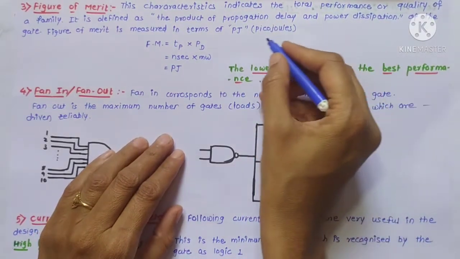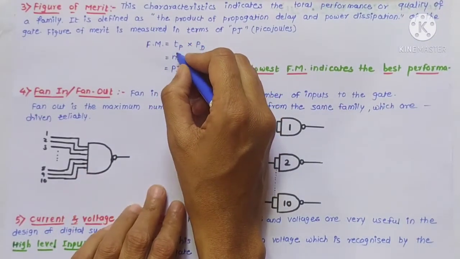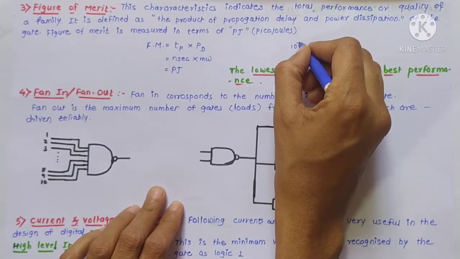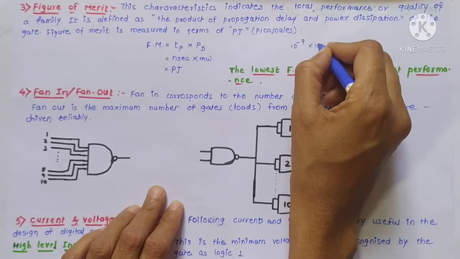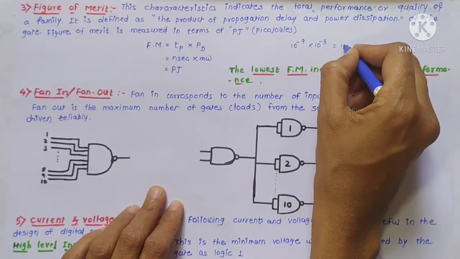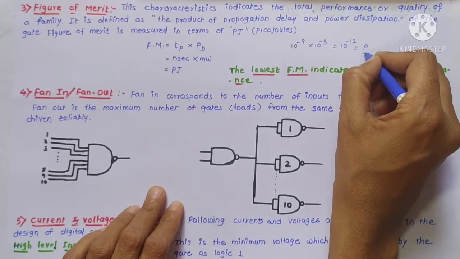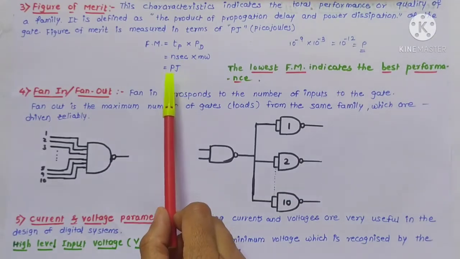Milli means 10 raised to minus 3, and propagation delay is in nanosecond, means 10 raised to minus 9, multiplied by 10 raised to minus 3, so we get 10 raised to minus 12, and this 10 raised to minus 12 is nothing but pico. So this figure of merit is expressed here in picojoules.